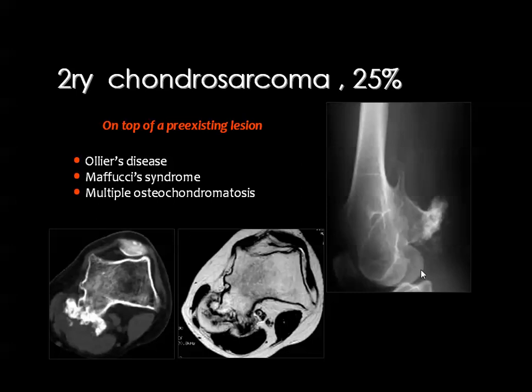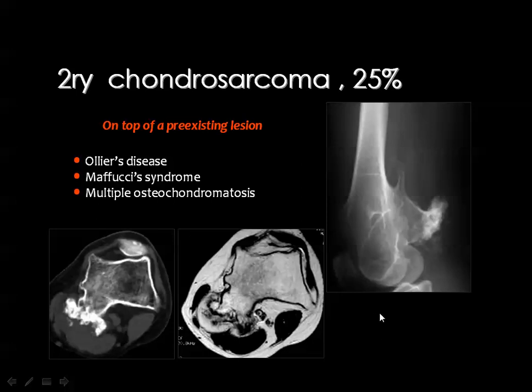You remember that the incidence of chondrosarcoma in a solitary enchondroma is about 1%. But when the enchondroma is multiple, as in Ollier or Maffucci syndrome, then the incidence of chondrosarcoma rises up to 30%. So also is the case in osteochondromatosis.